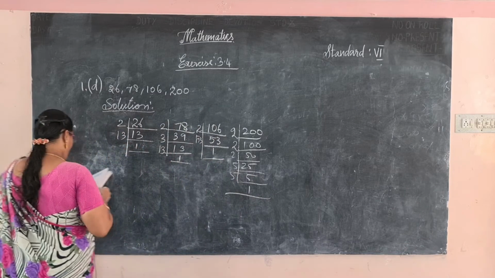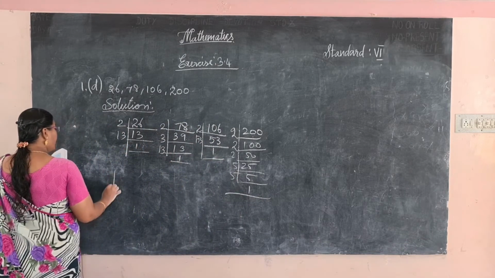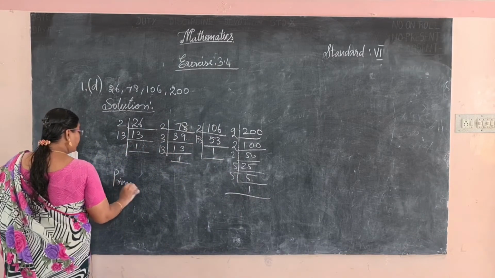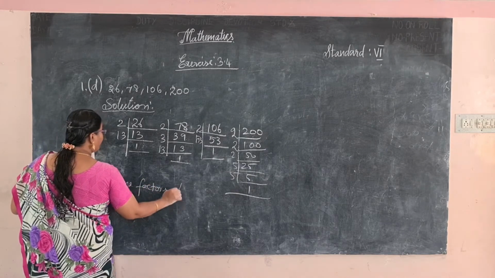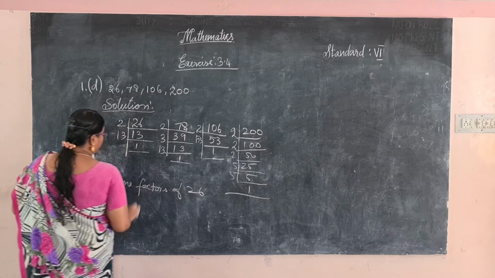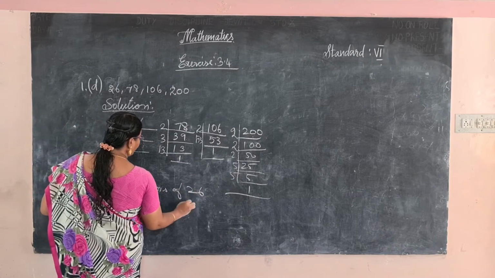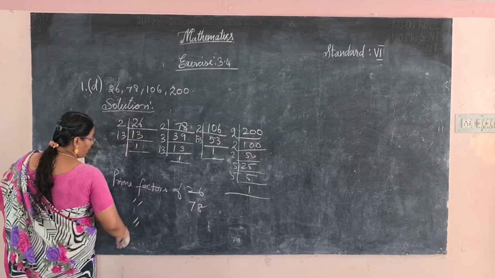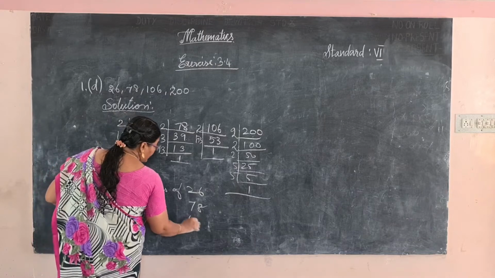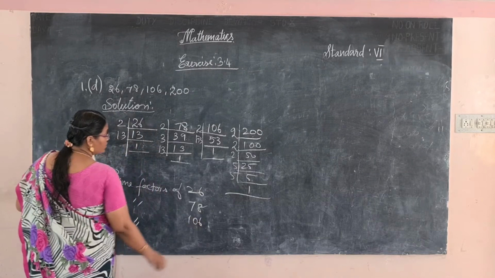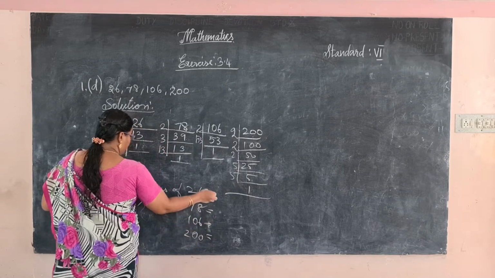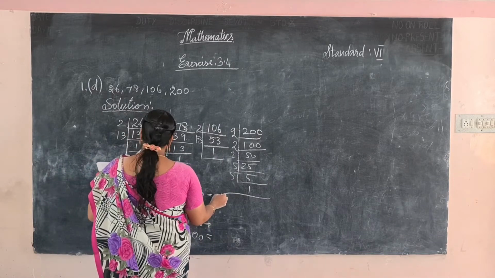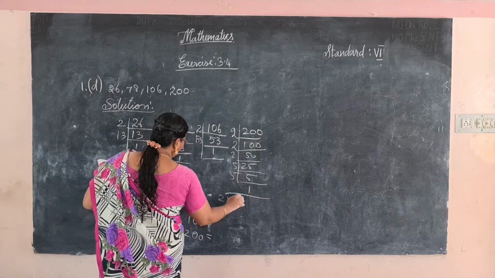Okay. So now write the prime factors of 26, prime factors of 78, prime factors of 106 and prime factors of 200. 26 is 2 into 13.